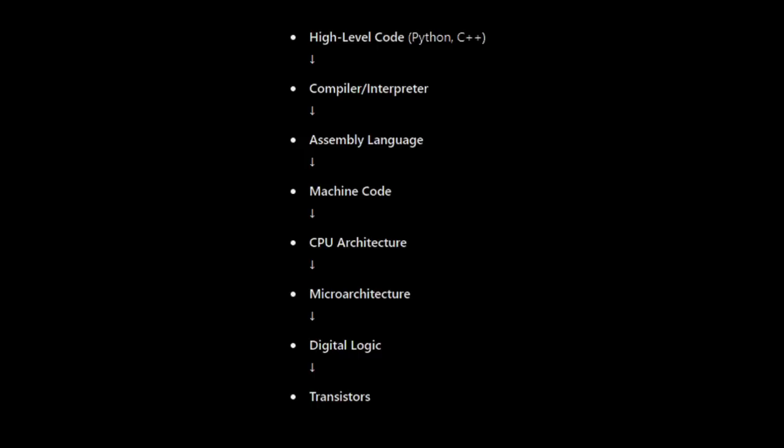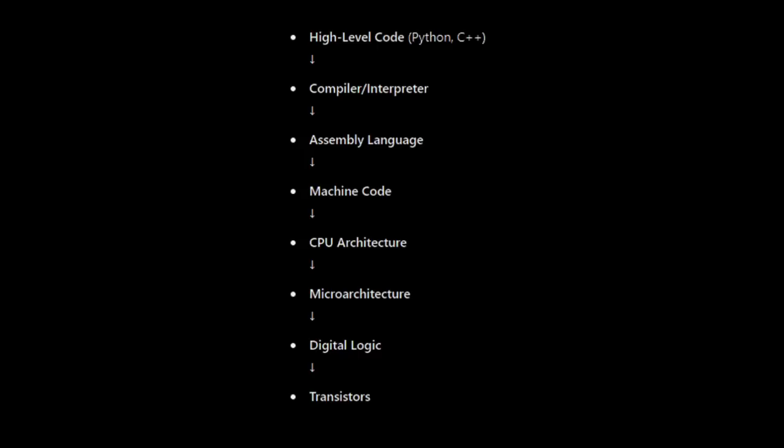And so at the highest level that we have in this diagram is code. So like the code that you write out on your computer in Python or C++ or Java, whatever language you use, that is a kind of abstract entity that you've created.